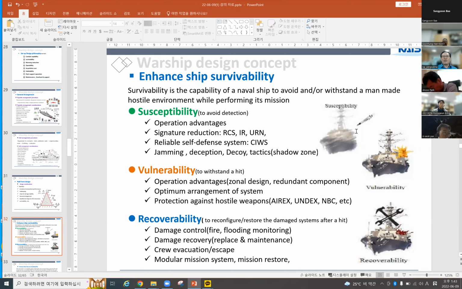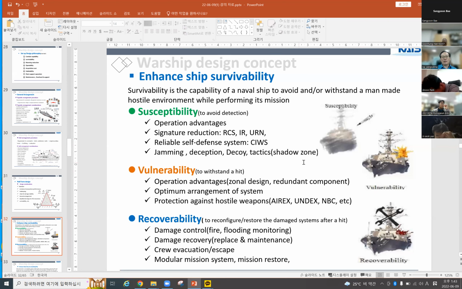So the enemy cannot find our ship due to the low signature. There is also a reliable self-defense system, close-in weapon systems. If a missile is coming closely, our ship's CIWS fires, engages and hits the missiles. We also avoid jamming and deception with decoy tactics, and the shadow zone should be cleared for susceptibility.